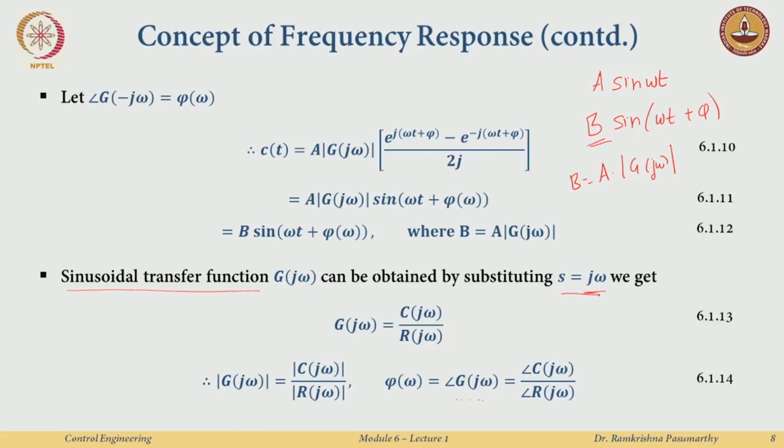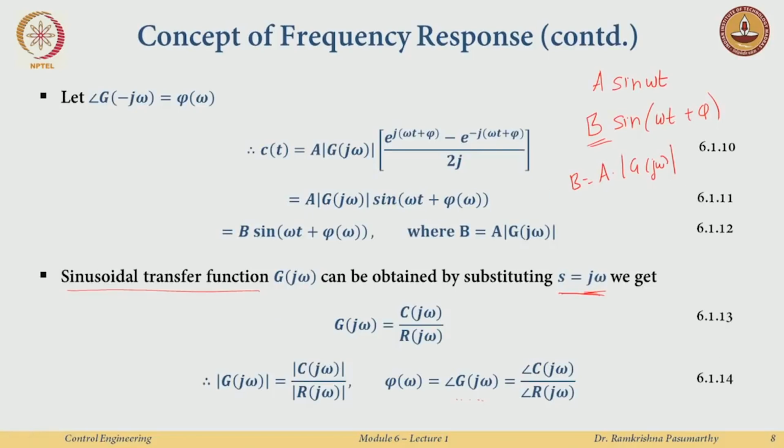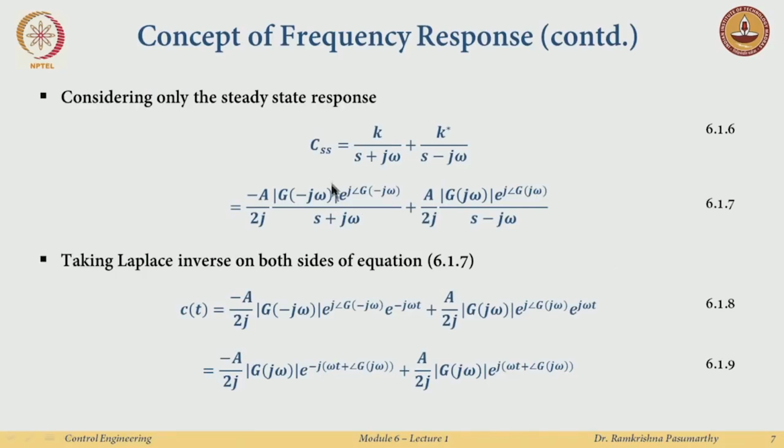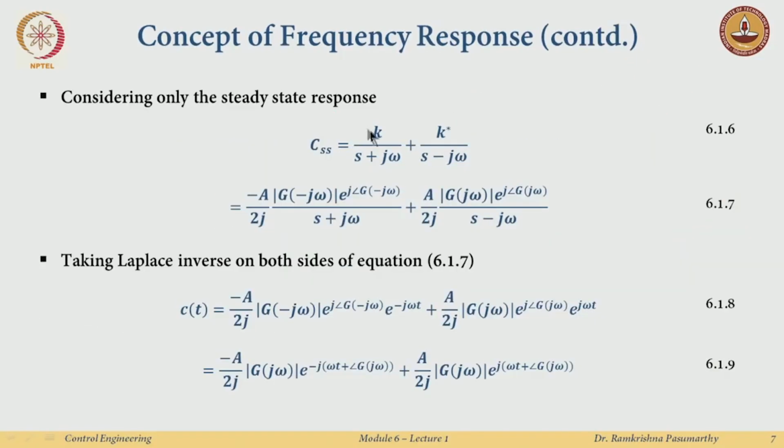So, this is a little important, and a simple trick also. Here you could see that all the other terms just disappear, and what is left is just the j omega terms, just these two poles are remaining, and this is why I call it the sinusoidal transfer function, because after all this, this is what is left. That is actually even obvious through the entire steps which we do. So, you compute k, which is just G of minus j omega, when you do the partial fraction substitution.